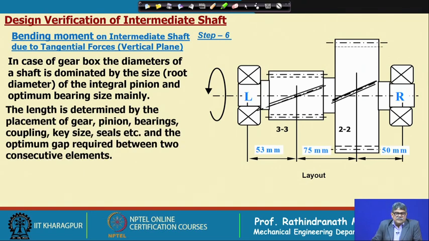The length is determined by the placement of gears, pinion, bearings, coupling, key size, seals, etc., and the optimum gap required between two consecutive elements.